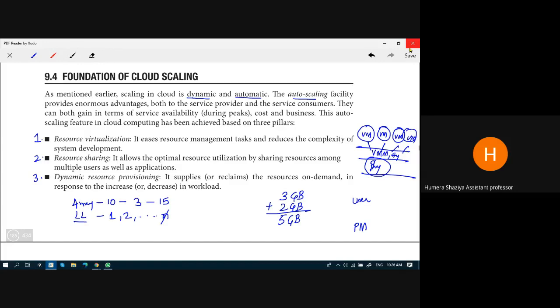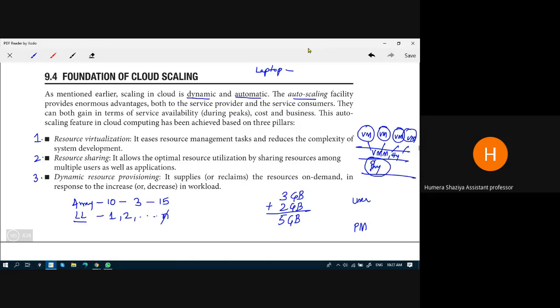Now, for instance, let me give you one example. I have a laptop. Presently, I am taking class in my laptop. It is in working mode. Later, after 1 p.m., for instance, I get some work, I shut down the laptop.